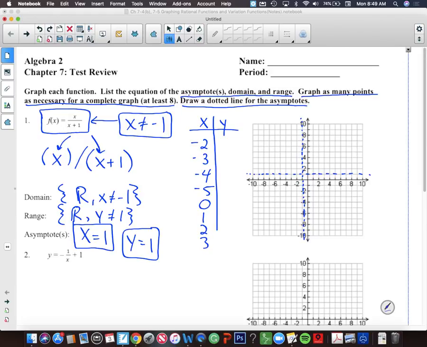And remember, the reason I chose those numbers is because I want to pick points that are close to this asymptote here. I want to pick points on the left and right side of that asymptote. So that's why I chose those numbers. That's at x equals -1, so I need -2, -3, -4, -5, and I need 0, 1, 2, 3. So these are the numbers that I get for those. And this is just simply putting it in your calculator to see what you get.